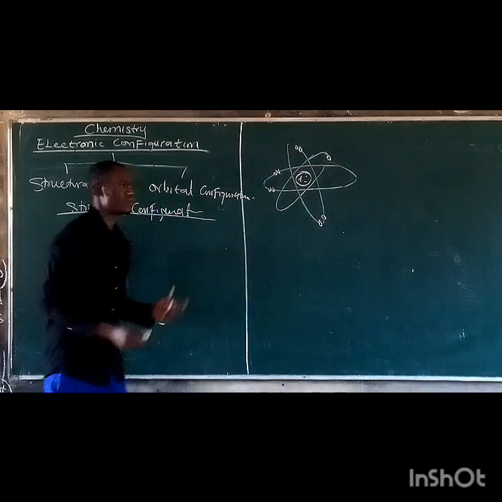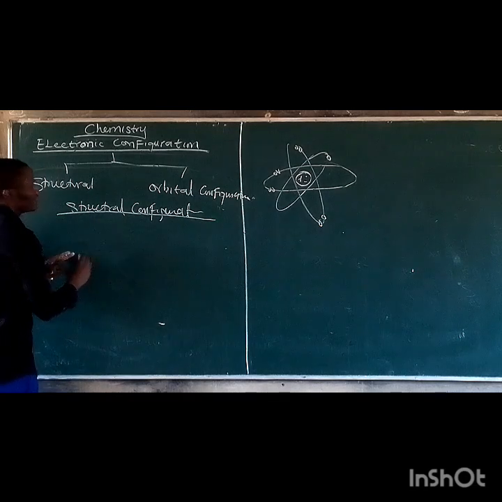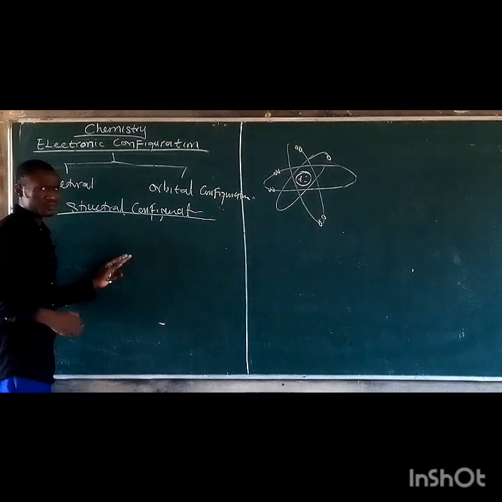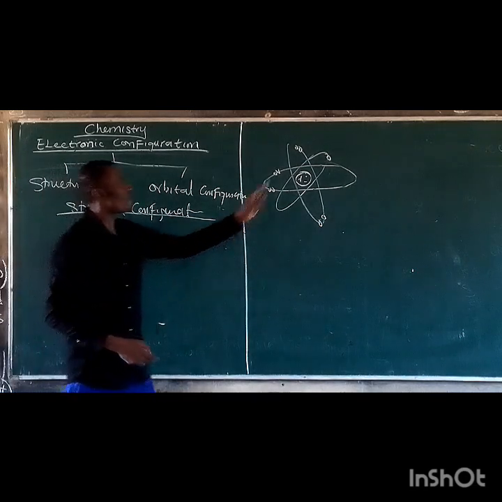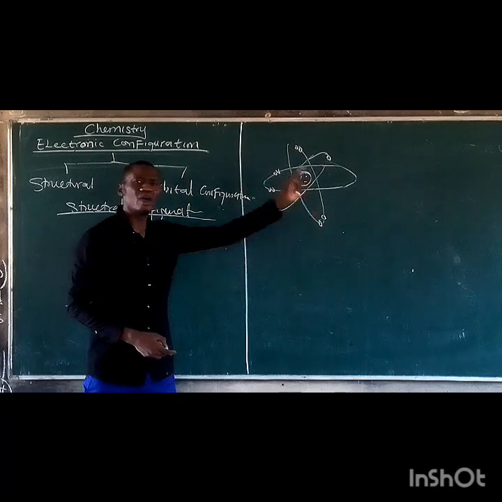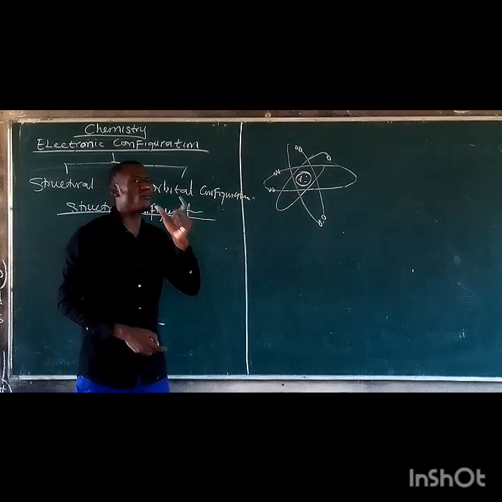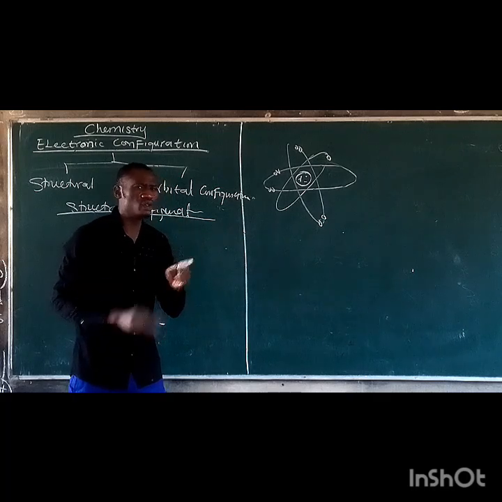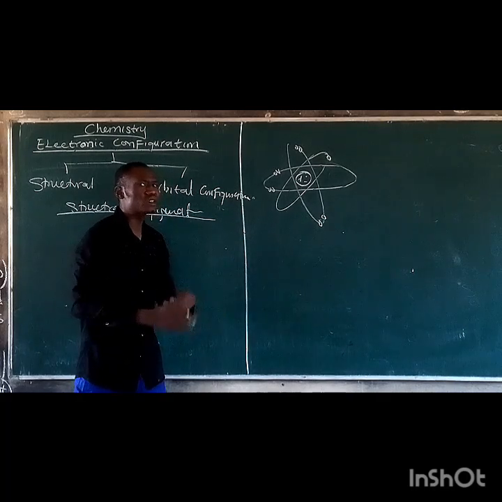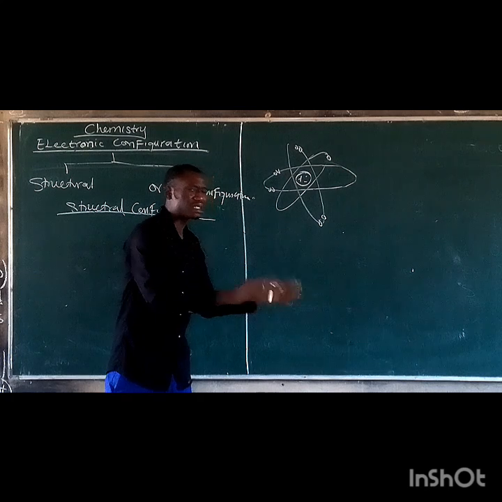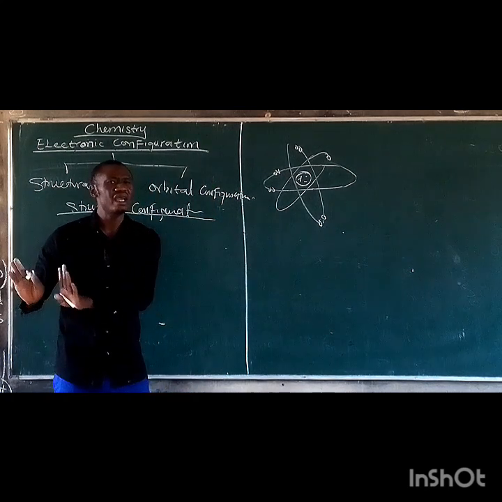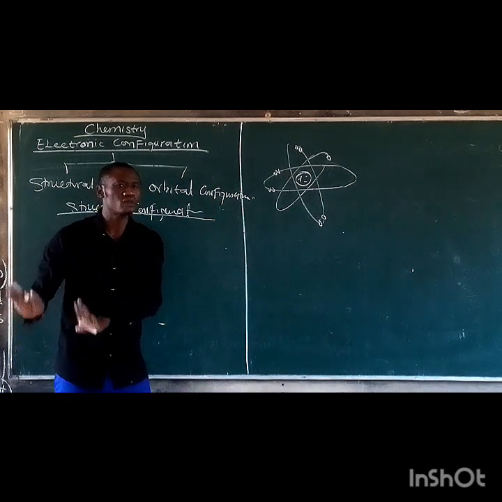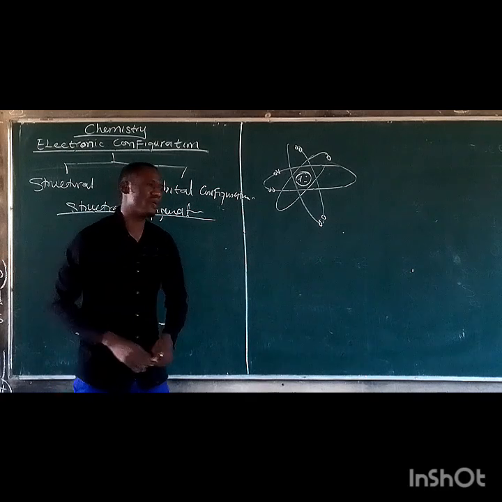That's the structure of an atom. The atomic number determines the number of electrons that will revolve around the shell of a ground state atom of an element. Notice the word I use, ground state, because an excited atom of an element is different from an unexcited, ground state, neutral atom.